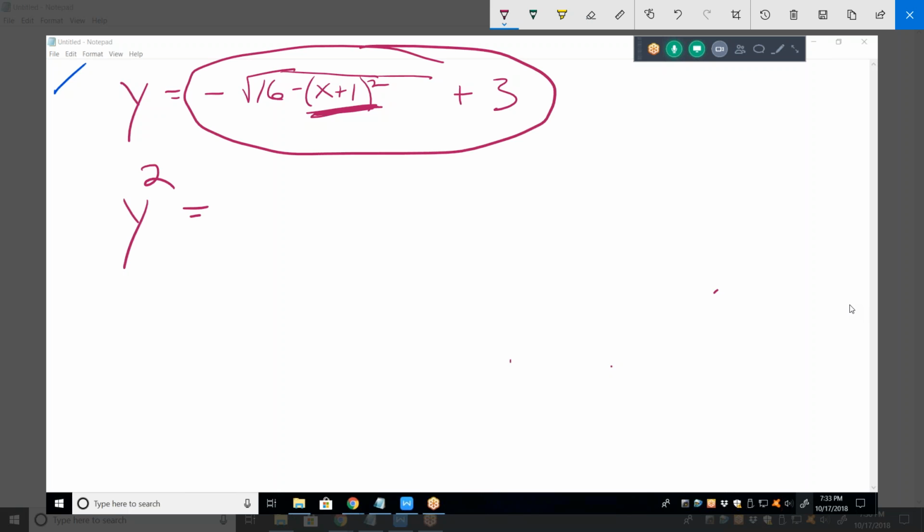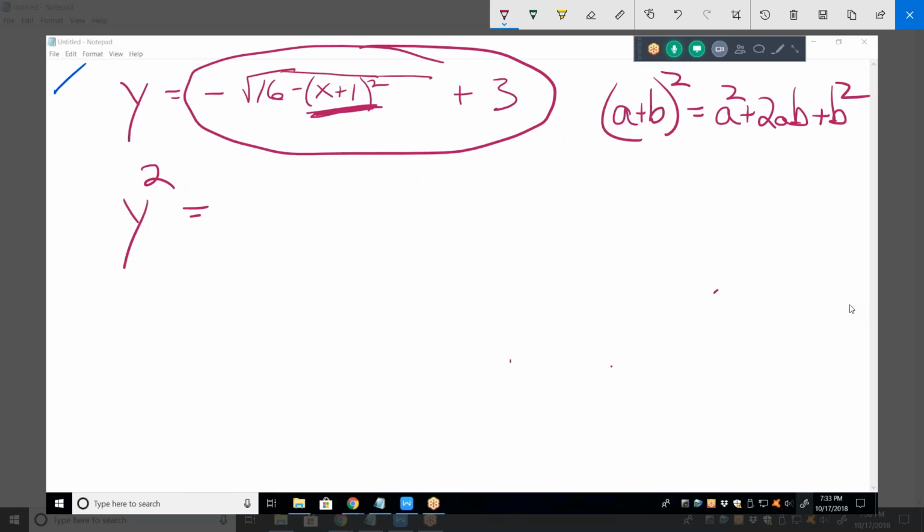Wouldn't you square what's underneath the radical so that the radical goes away, and then square the 3 so it's equal to 9? Yeah, but there's also a middle term. Remember, when you are squaring a plus b quantity squared, you don't get a squared plus b squared. You get a squared plus 2ab plus b squared.